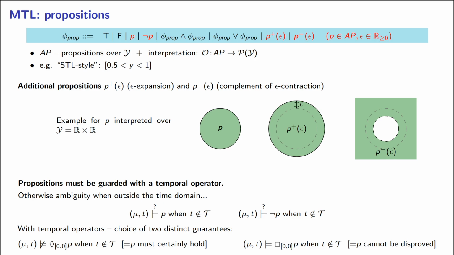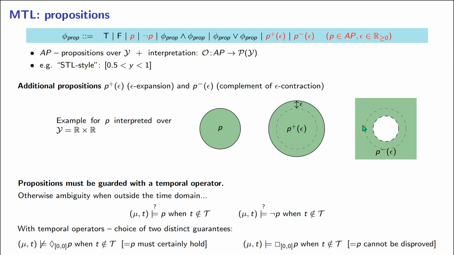So similarly as in the relaxation of Abbas, Mitterman, and Feinekos, we use these additional propositions. And to quickly explain them, if P corresponds to some set in the space of values, then P plus of epsilon corresponds to the epsilon expansion. And for P minus, we take the contraction of the set and then its complement.